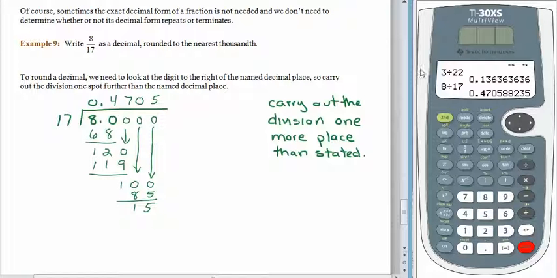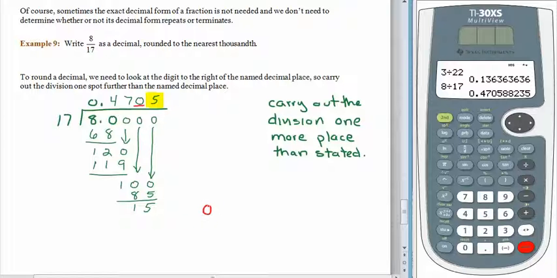Okay, here you go. Compare my work to yours. You'll notice that I have a remainder down here of 15, which means I should keep going with this division, but I don't have to because they asked us to round to the nearest thousandth. So I need to round to the underlined decimal place, and to do that I'm going to look at the highlighted decimal place.